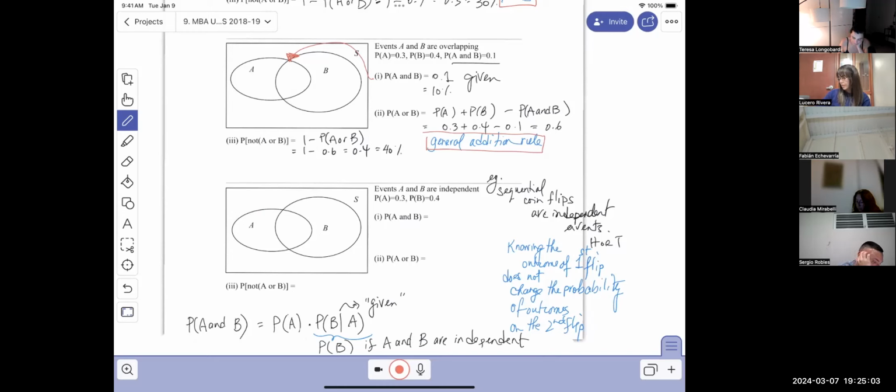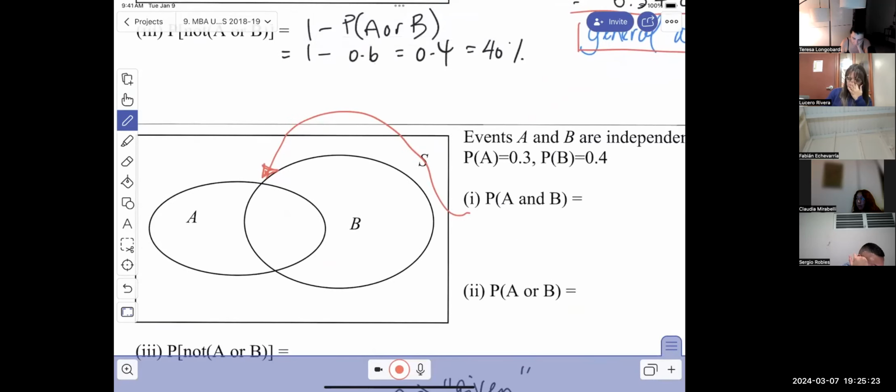It means that to calculate this, all I have to do is multiply the probability of A and the probability of B. I'm just going to write them next to each other. I don't want you to think X is another variable.